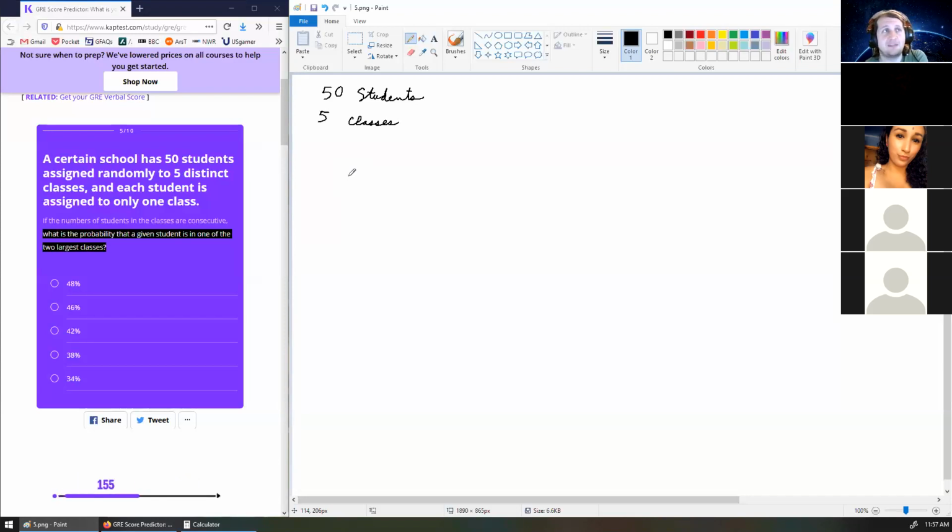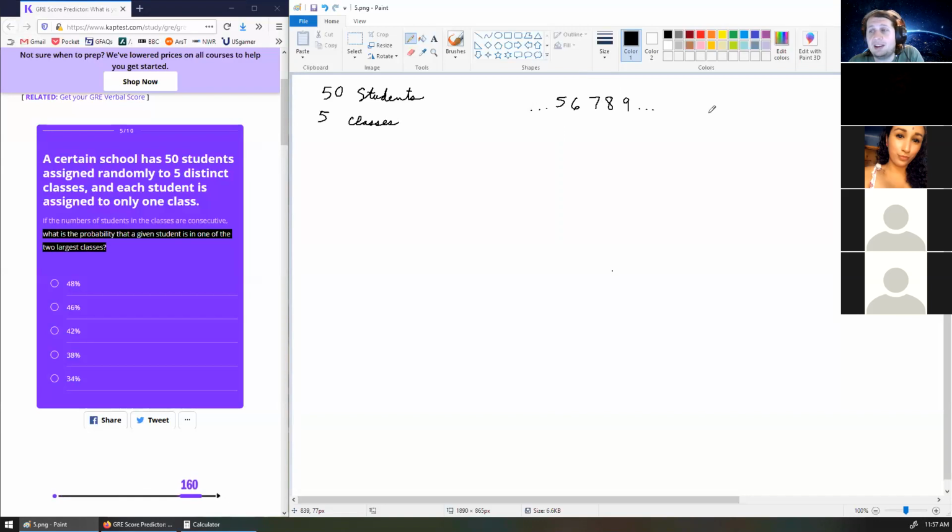So what does consecutive mean? One after another. Right. Following. Exactly. Particularly in numbers, consecutive means numbers that follow one after another, like 5, 6, 7, 8, 9. Those are consecutive numbers.